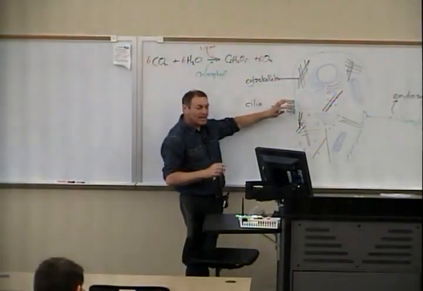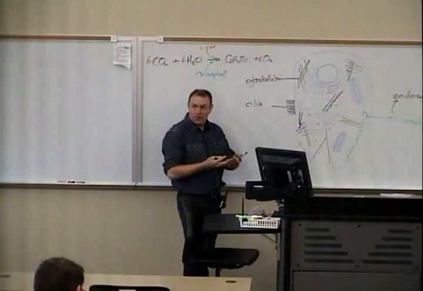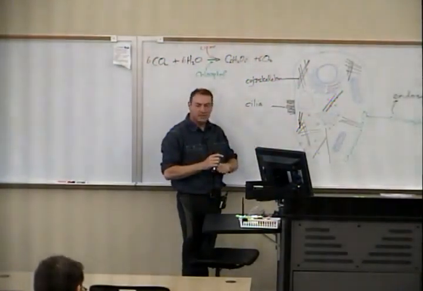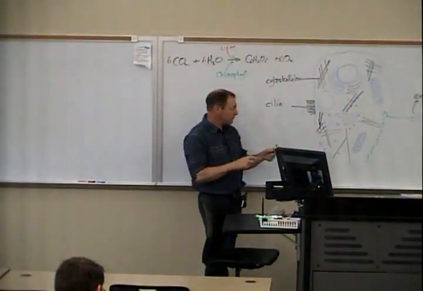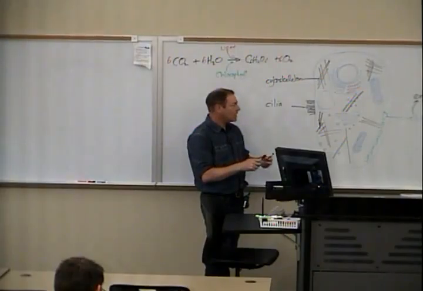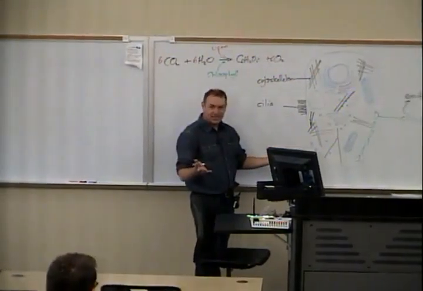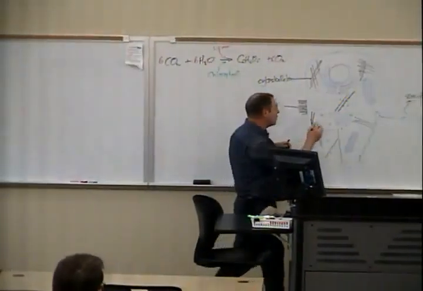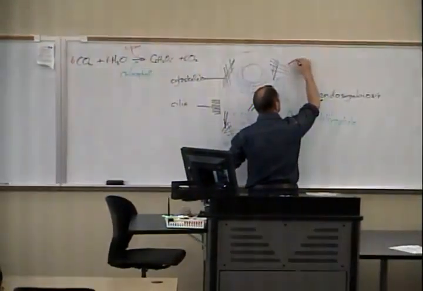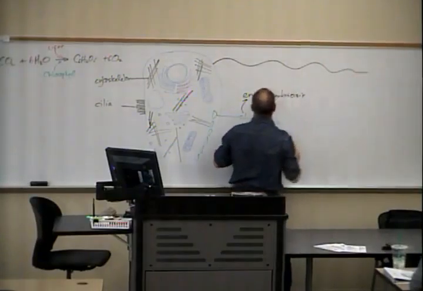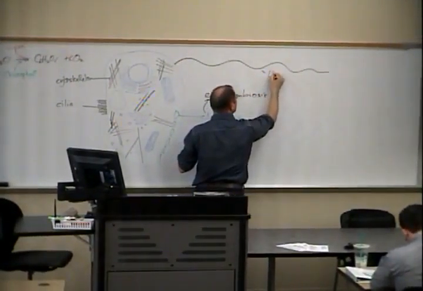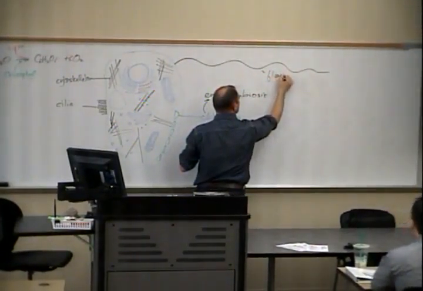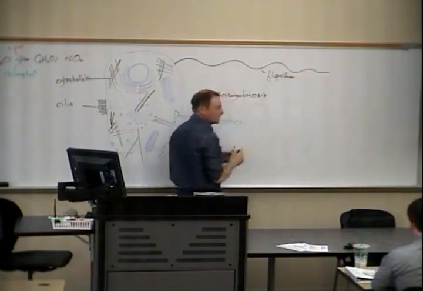In fact, cilia might cover the entire surface of the cell, or they might just be present on part of the cell. But I'm only going to draw them on a little area. Now, we're making a cell that doesn't really exist. But now I'm going to add a single flagellum to this cell. All right, a flagellum.